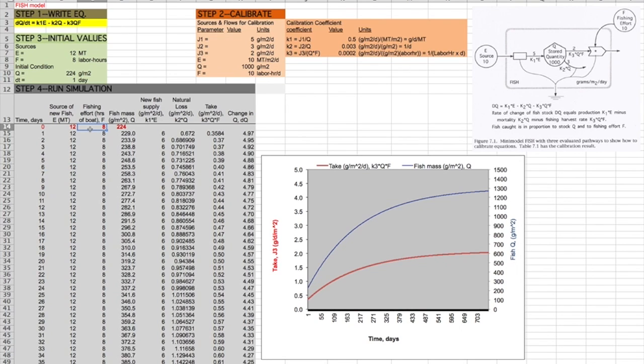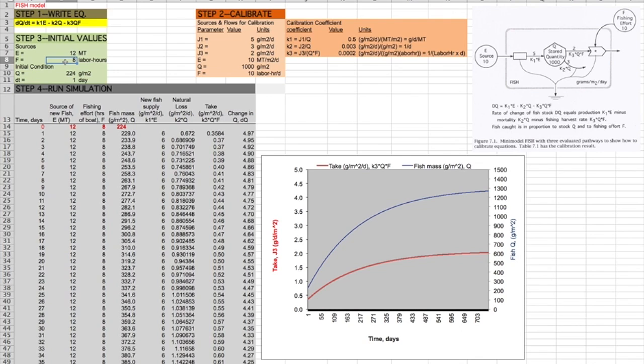The fishing effort also is constant throughout the simulation, but in this case we did the formula slightly differently. Instead of using the dollar signs, we refer to B8 in the cell here, but then our next cell just refers to the previous cell, dollar signs, and then that can be copied down. As long as we're always using the values here, if we change these values, it changes the column.